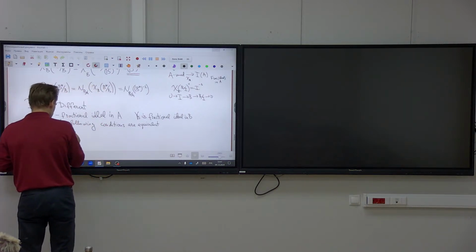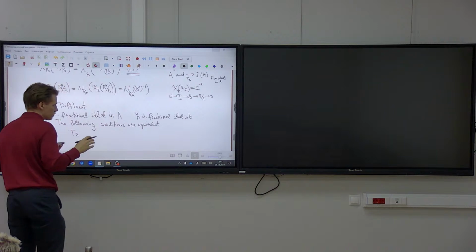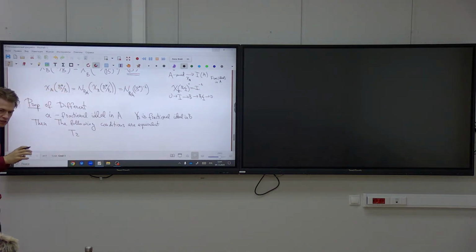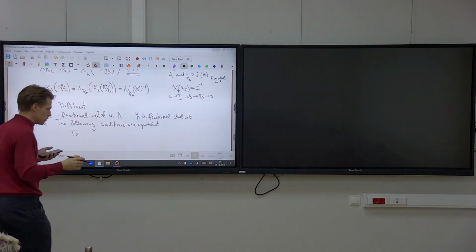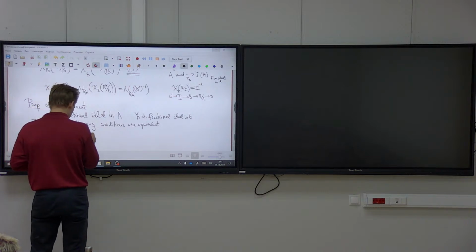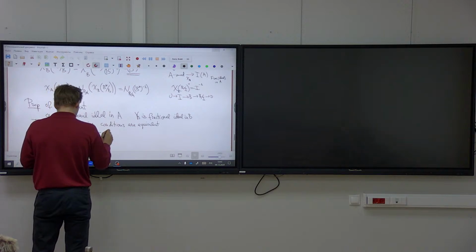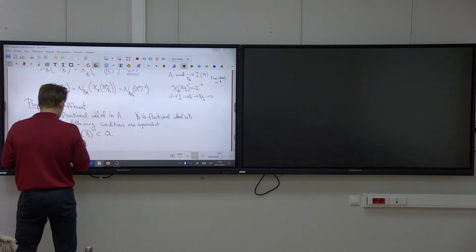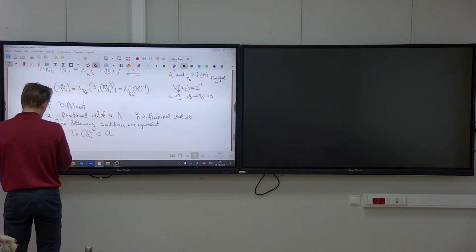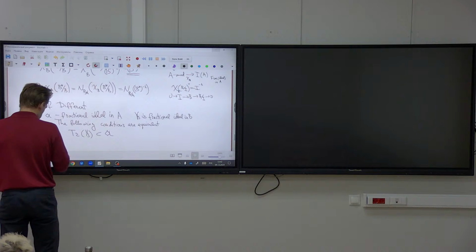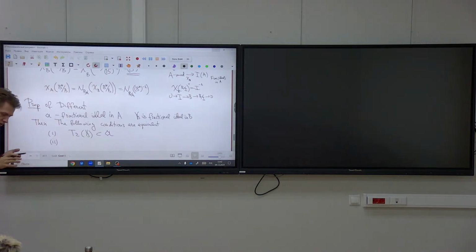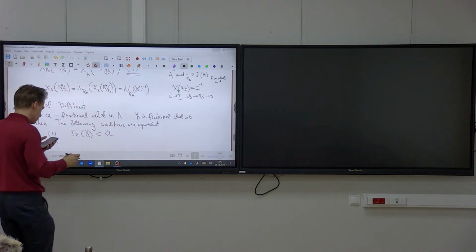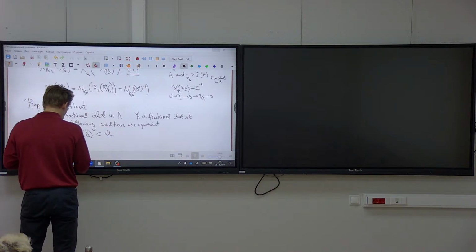The question is how to check that the trace of B lies in A without calculating the trace map. First, the condition that this trace lies in A; and second, that instead of calculating the trace, you can simply use the different, that B differs from A just by the different.